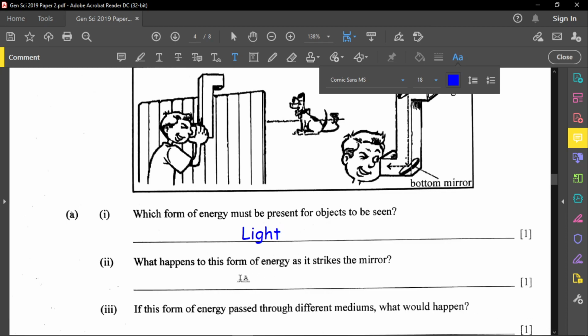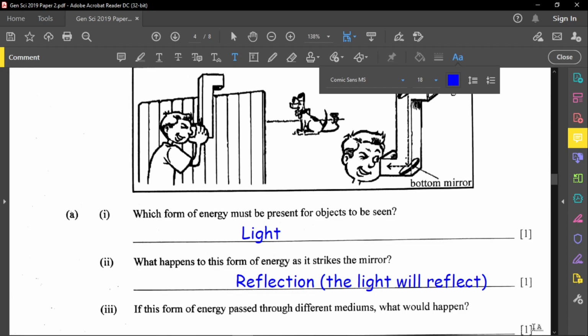Once light hits any mirror, then it will reflect. So I simply say the light reflects. Let's put that in brackets right here. The light will reflect.